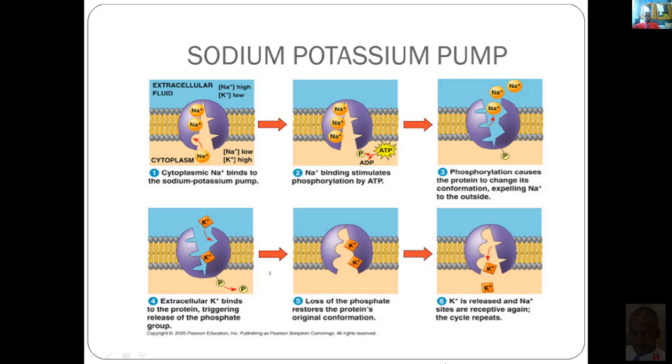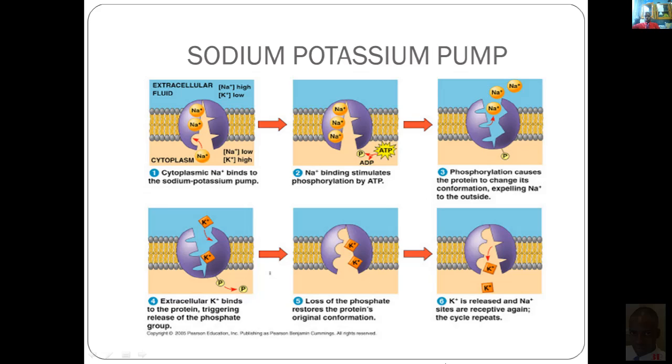So this is an example of an antiport. You have symport and antiport. This sodium potassium pump deals with 2 different substances moving in opposite directions. Remember we said that you have symport where the protein allows molecules to move in the same direction, and then you have antiport where you have them moving in opposite directions.